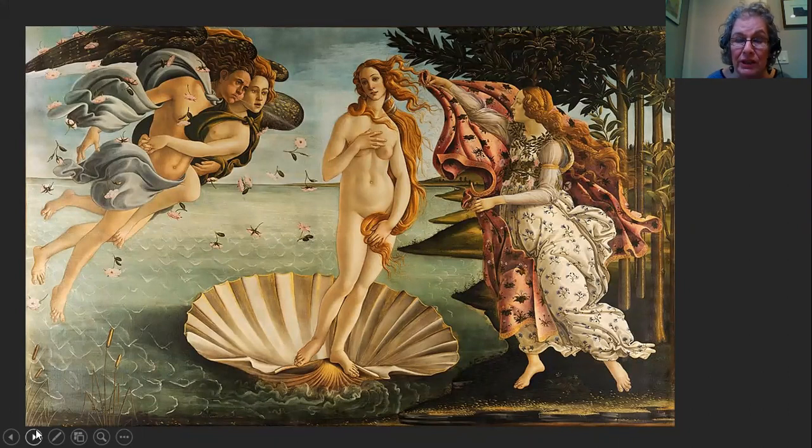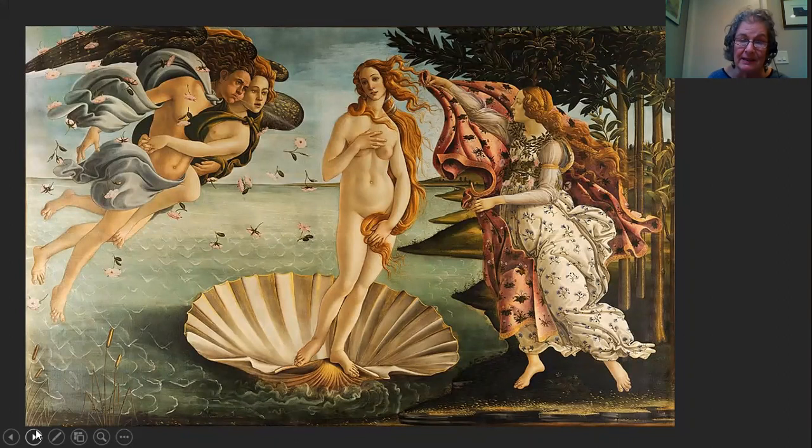He was born in 1444, died in 1510, and he only left Florence for one year, from 1481 to 1482, when he went to Rome, because he was given the commission to paint three frescoes in the newly built Sistine Chapel. Now, of course, this is before Michelangelo painted the ceiling, but around the whole sides of the chapel are frescoes, and Botticelli painted three of them.